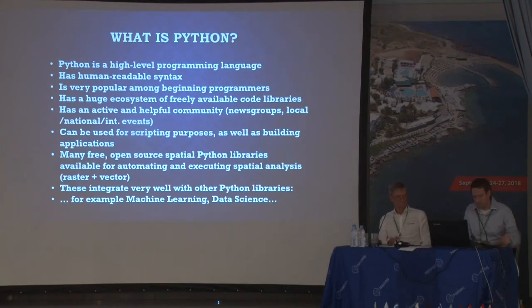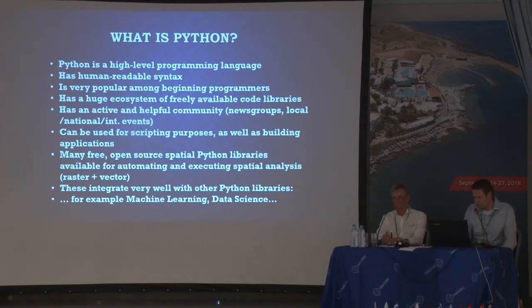So an example of Esri, at the latest user conference, they used machine learning libraries from Python to do object recognition in satellite images. So this is an example of other techniques that can be integrated into Python spatial analysis workflows.